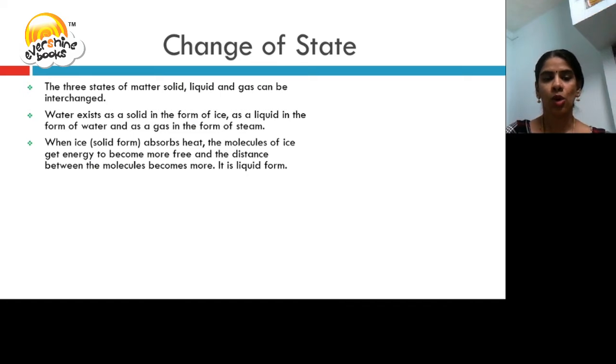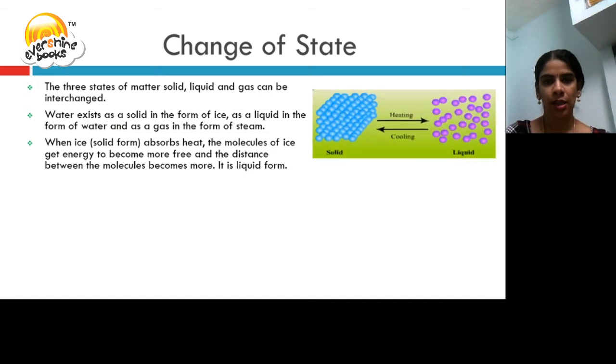When the solid form of water, that is ice, absorbs heat, the molecules of the ice get energy and start moving freely, and the distance between the molecules also increases. This becomes the liquid form.